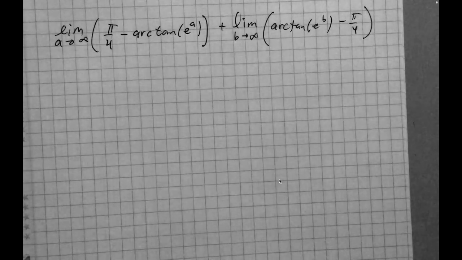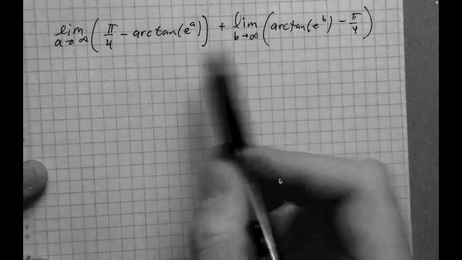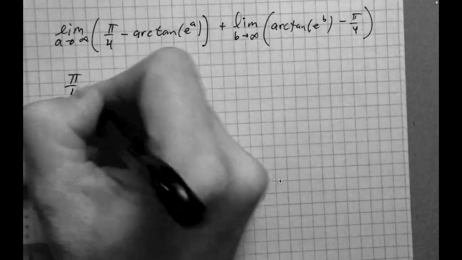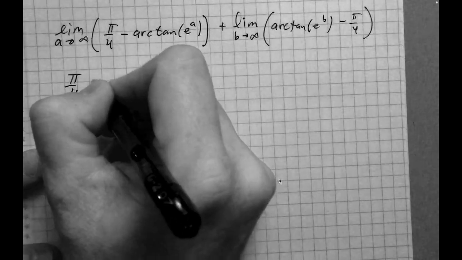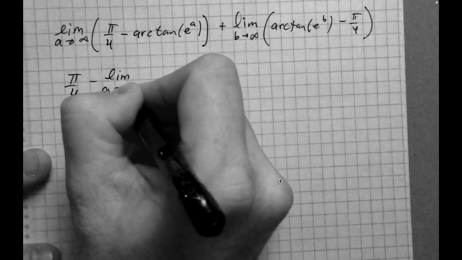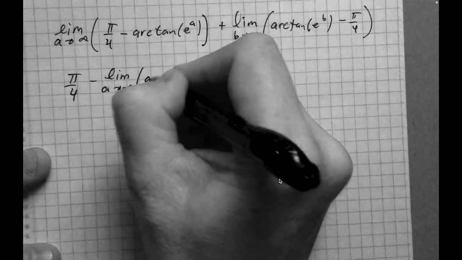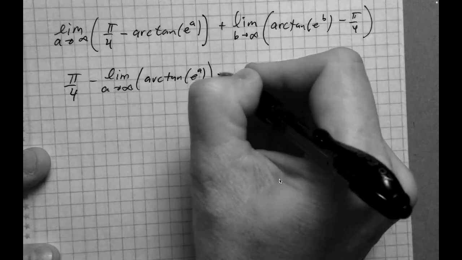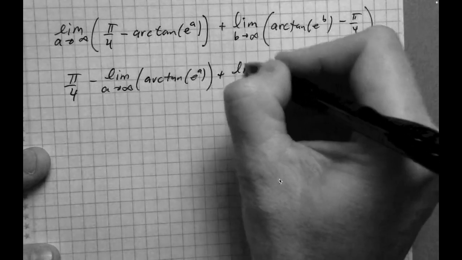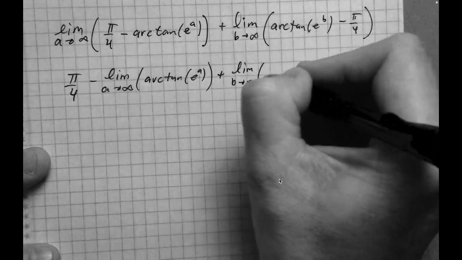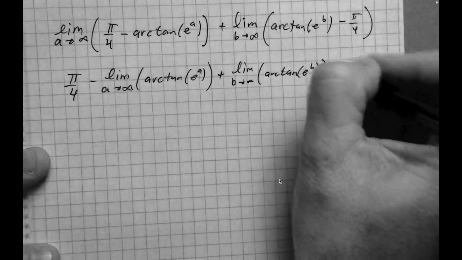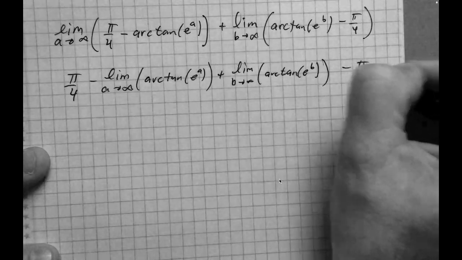We can pull some of this apart. We've got pi over 4 on the outside, minus this first limit, plus this limit as b goes to infinity of arctan of e to the b, and then of course minus pi over 4 on the outside.